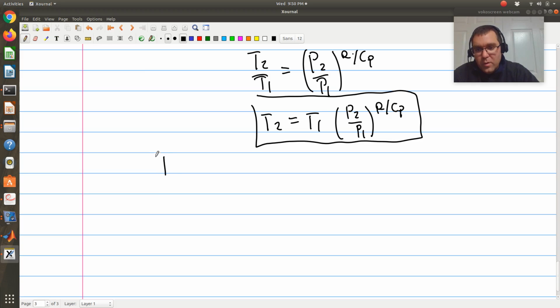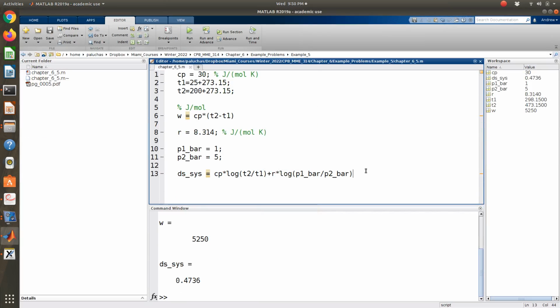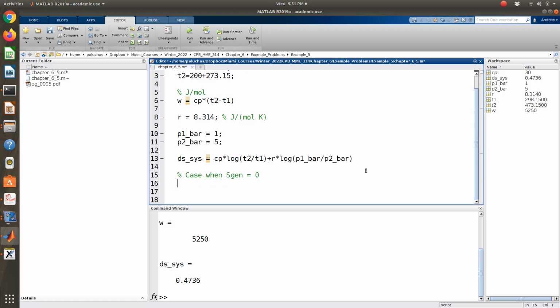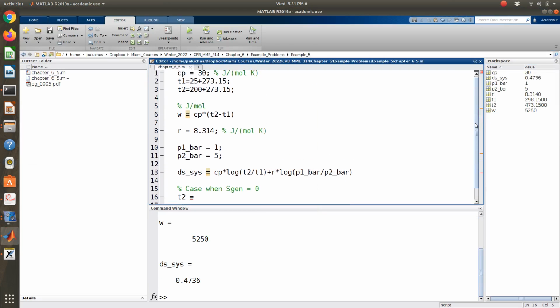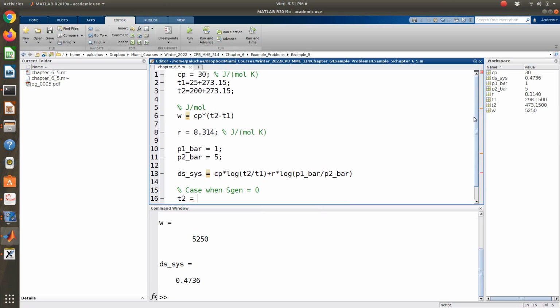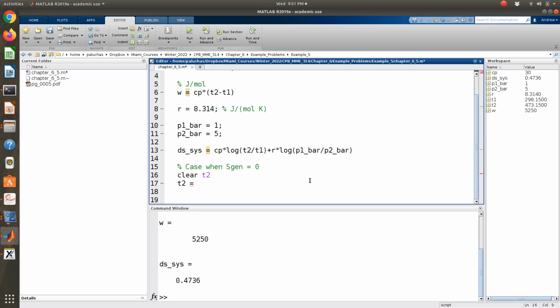So let's go over to MATLAB and let's solve for T2. This will be for the case when Sgen is equal to 0. So T2 is equal to T1. I'm going to clear T2 because we had T2 from the previous calculation, even though I'm overwriting it, so it shouldn't matter.